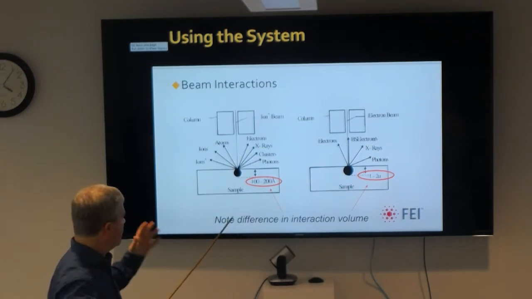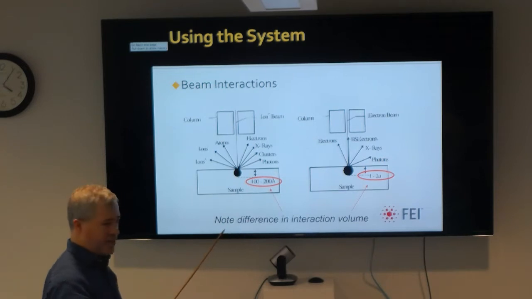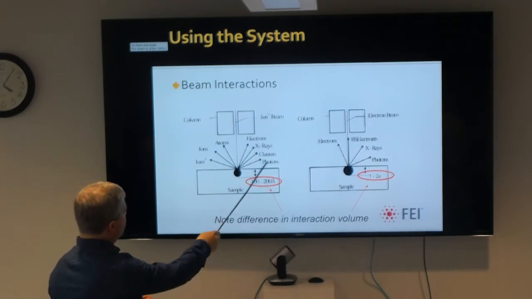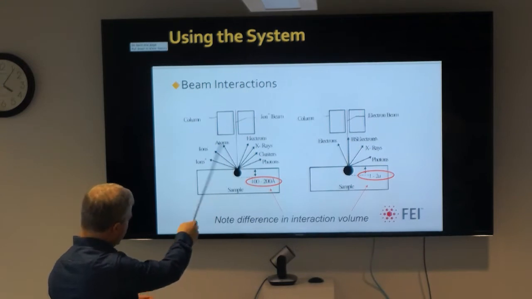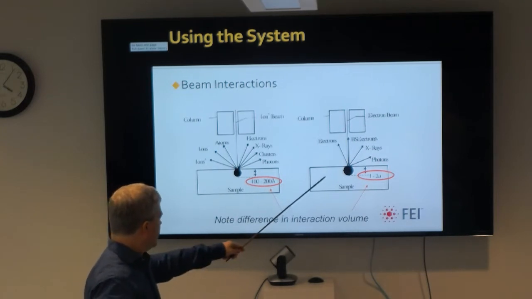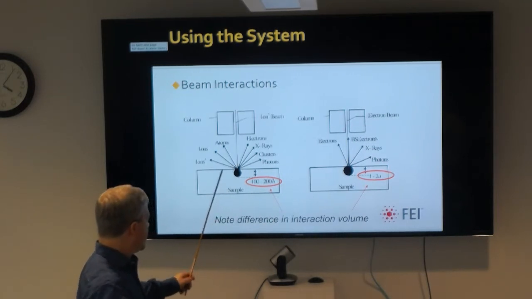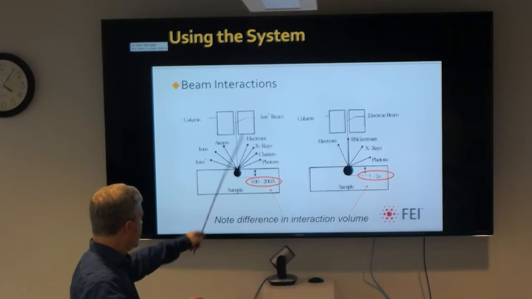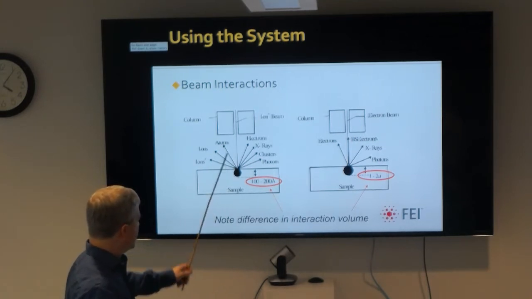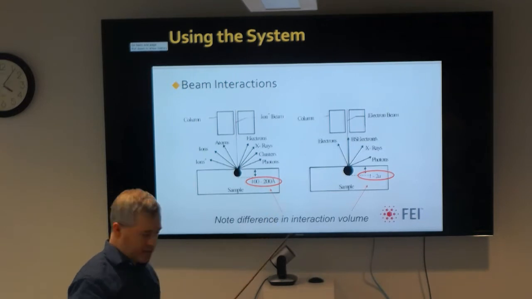You can actually use it to image your sample, although it's extremely destructive imaging. It releases photons, individual atoms, and positive and negative ions. But the main thing is, because it's a massive particle, it hits a lot harder, interacts only very close to the surface, and is much more damaging than electrons.